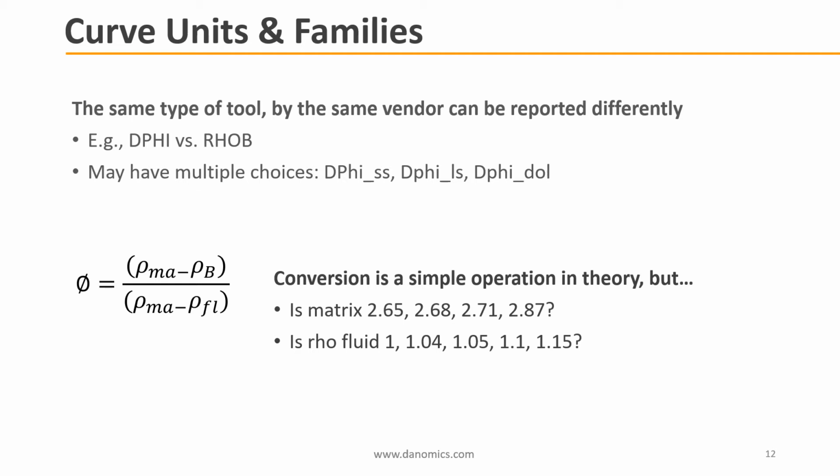Is the matrix 2.65 or 2.68 when they list it as sandstone? Is the fluid density 1, 1.04, 1.05, etc.? So there can be some variations in those, and you need to understand the uncertainty that can inject into the data as you move downstream.